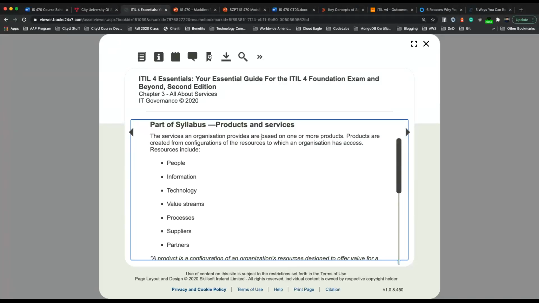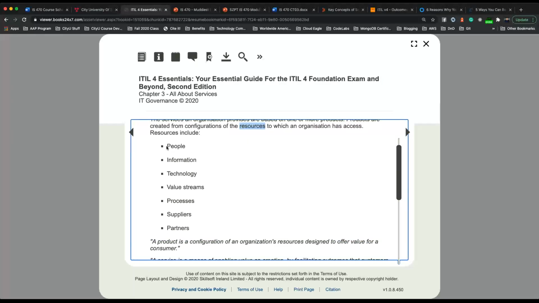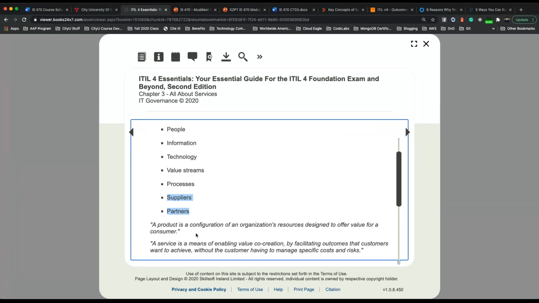So products are created from configuration of resources to which the organization has access, right? And as we mentioned yesterday, these include people, information and technology, value streams and processes, suppliers and partners.